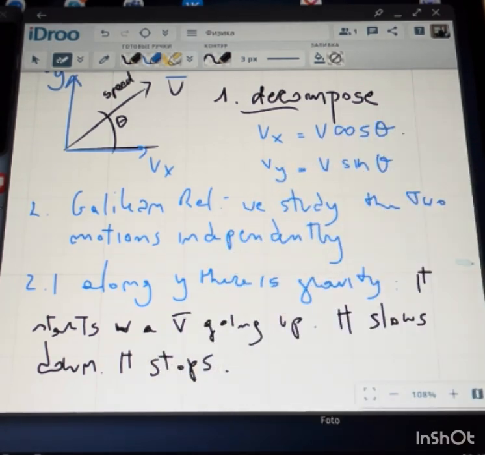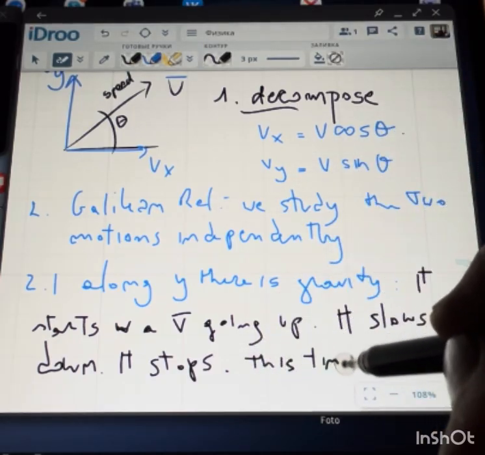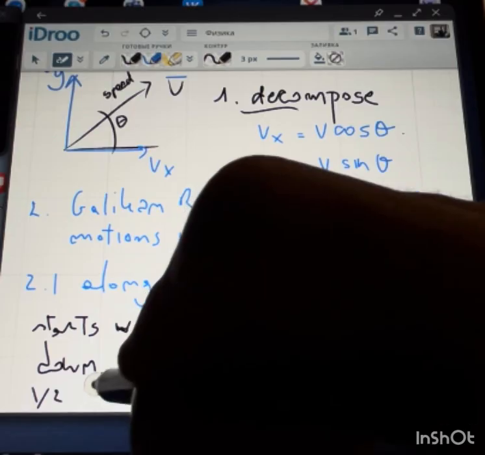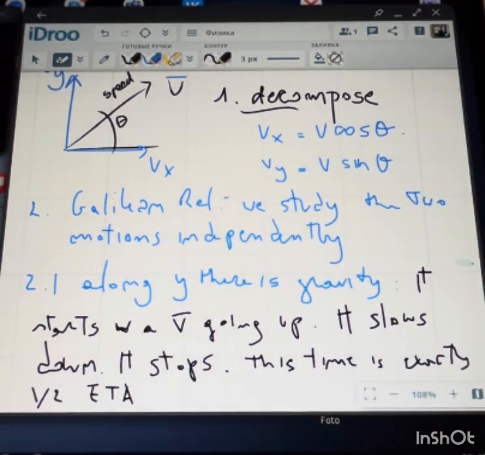Why am I putting a full stop here? Because this time is exactly half of the ATA, the estimated time of arrival, isn't it? Like the time it takes for the whole motion.